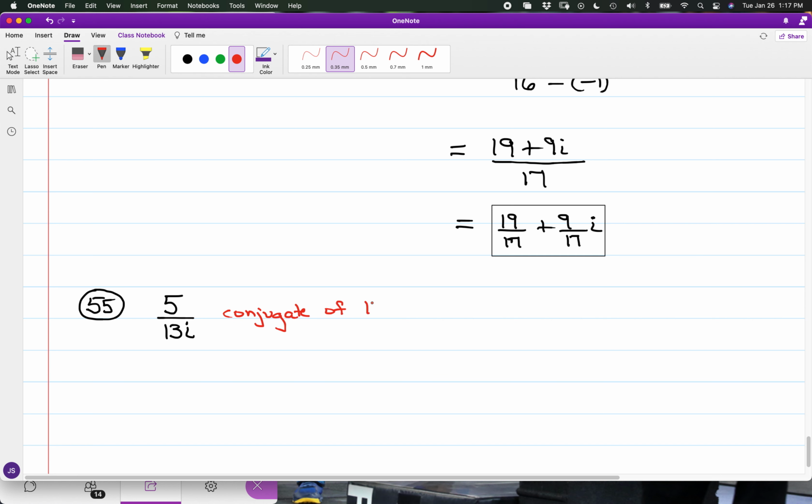Okay, so the denominator is 13i, and so the conjugate is going to be -13i. And so we'll take in the rewrite 5 over 13i, and multiply by the conjugate of the denominator, -13i over -13i.